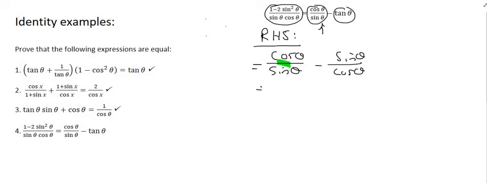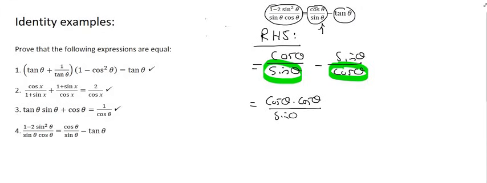And so this one has to be multiplied with cos theta, and this one has to be multiplied with sin theta. But then what you do to the bottom, you also do to the top. And so that's going to eventually look like this. It's going to be cos theta times cos theta over sin theta cos theta, minus sin theta times sin theta over sin theta cos theta.